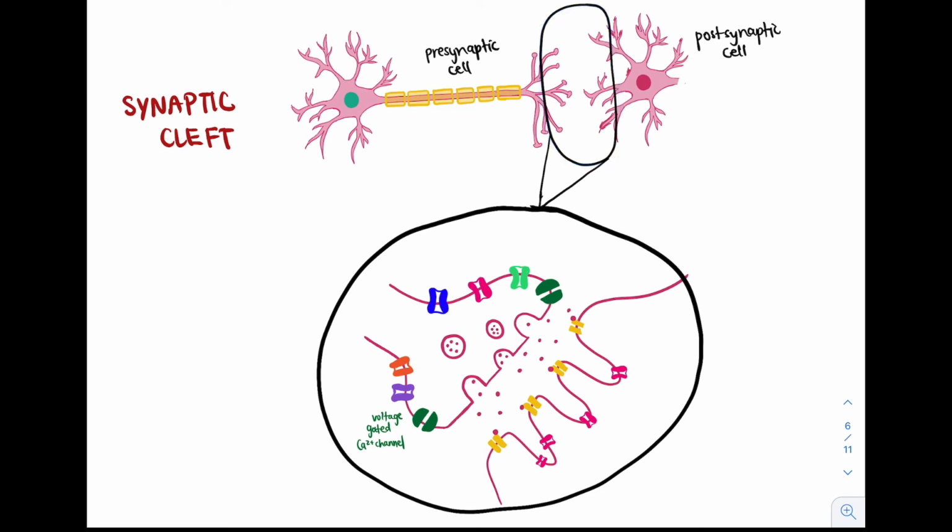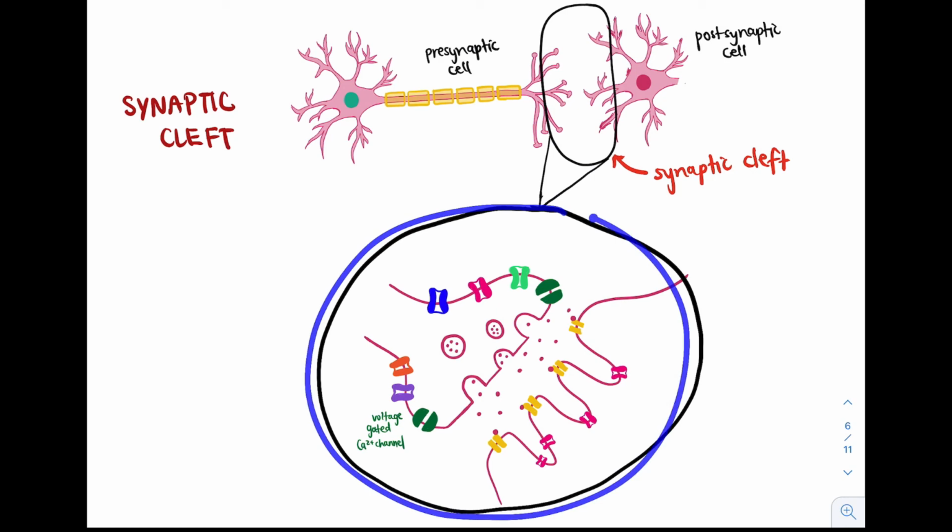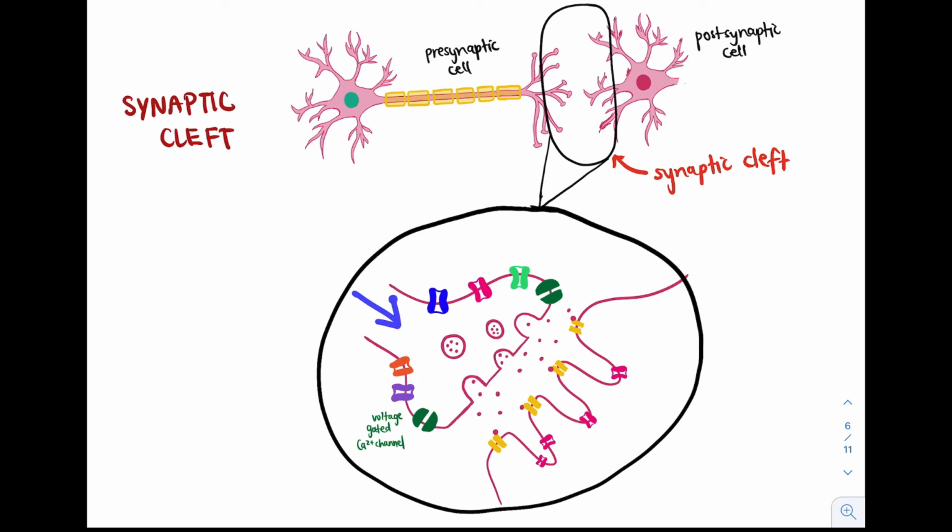So here's our neuron and the axon terminal, and here's a zoomed in version of the axon terminal and the synaptic cleft. So in this zoomed in picture, we see that when the axon is depolarized, an action potential will be sent, and that action potential will arrive at the axon terminal.